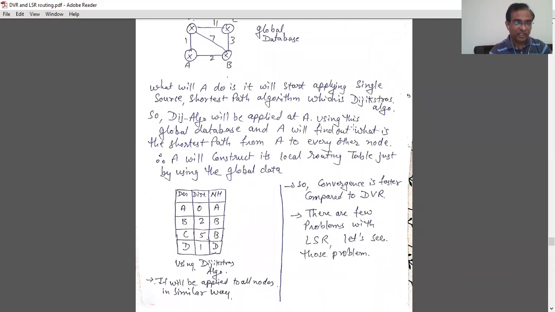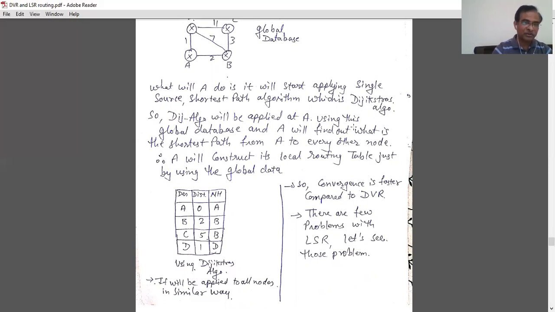Look at the table: A to A is 0, A to B is distance 2 and next stop is B. A to C is through A to B and B to C, that is 5, and next stop is B. And A to D is distance 1, and the next stop is B.